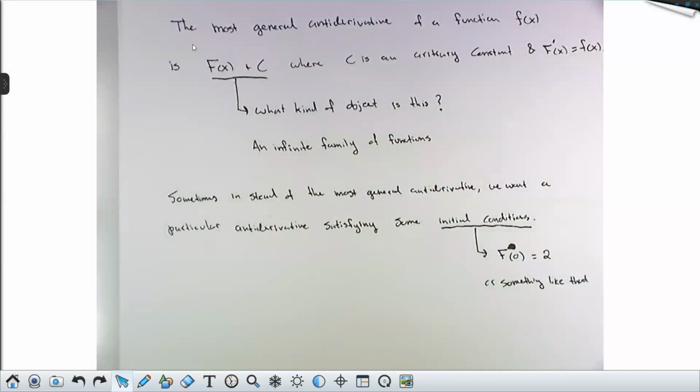These sorts of problems are called initial value problems. I give you little f, the derivative, and I ask you to find big F. But then I don't want just any big F, and I don't want big F plus C. I want one of these guys.